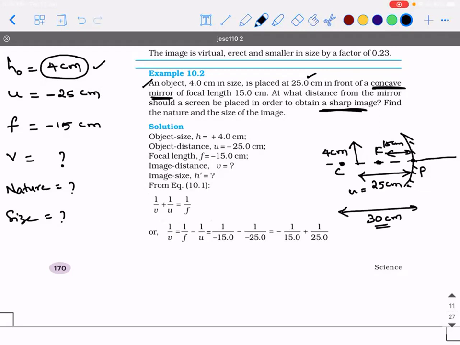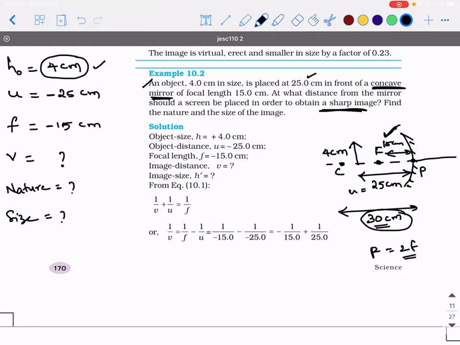If the focal length is 15 centimeter, radius of curvature will be 30. Why? Because R is equal to 2F. So when the object is placed at a distance of 25 centimeter, what kind of a scenario is this?